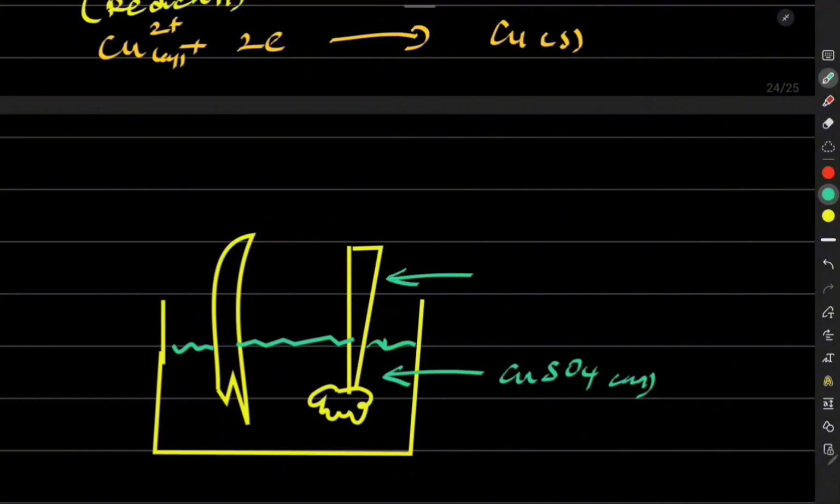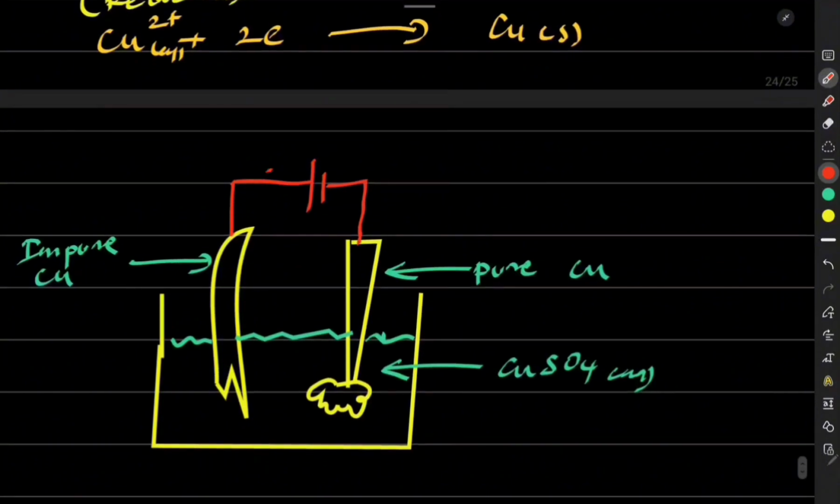This is pure copper, and this is impure copper with impurity, and they are connected using a wire. This is the positive terminal and this is the negative terminal. The positive terminal is the anode, and the negative terminal is the cathode.